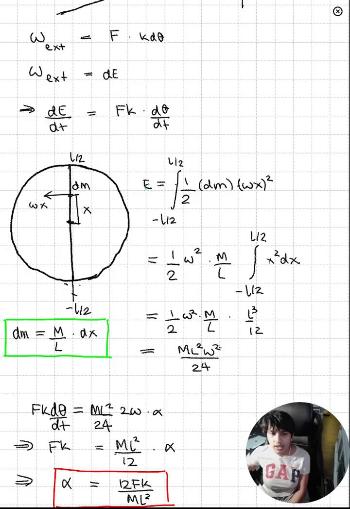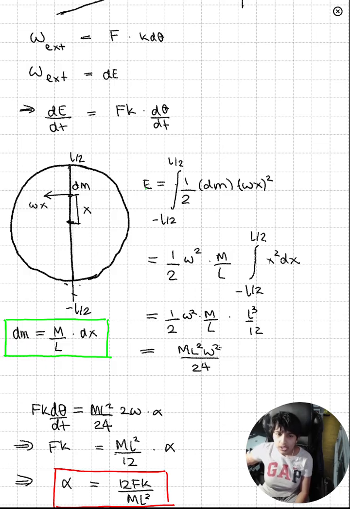Where did I get this omega x squared from? If I assume that the angular velocity is omega, then the linear velocity at distance x should be omega x. So its energy is the same as the kinetic energy formula.